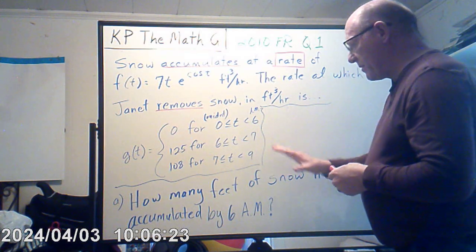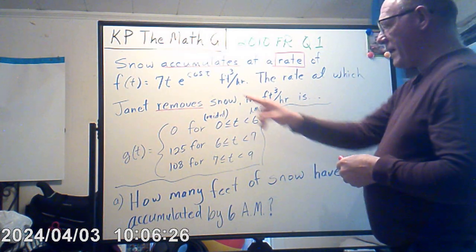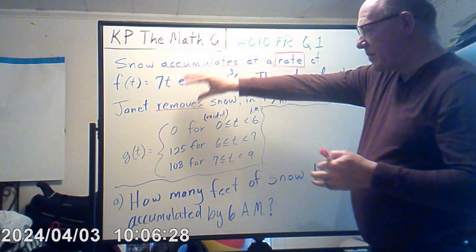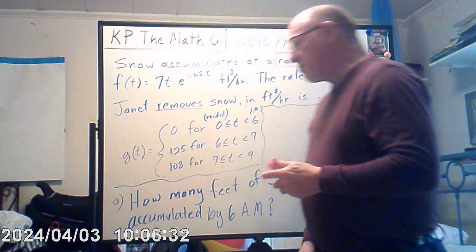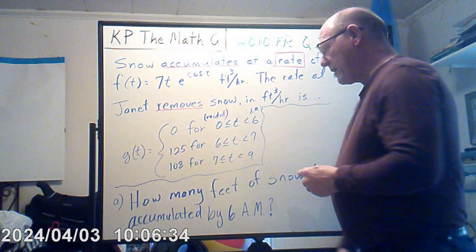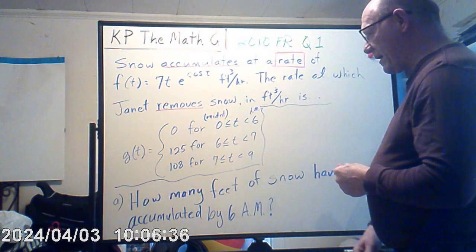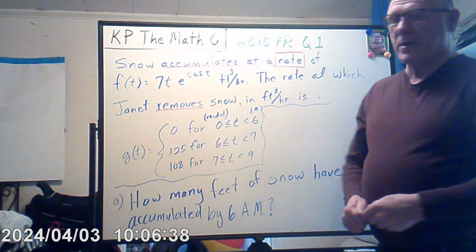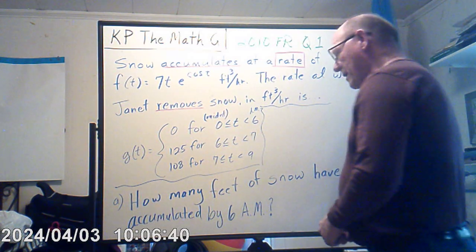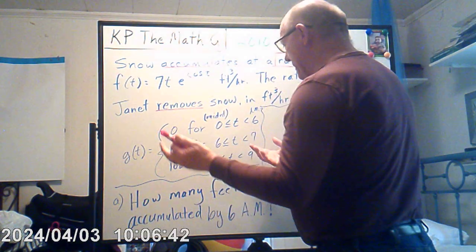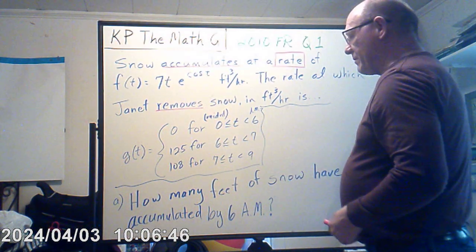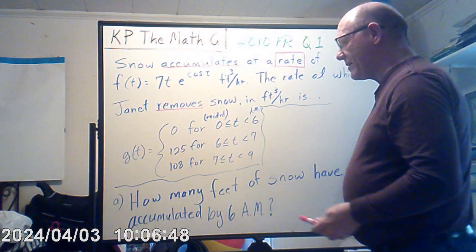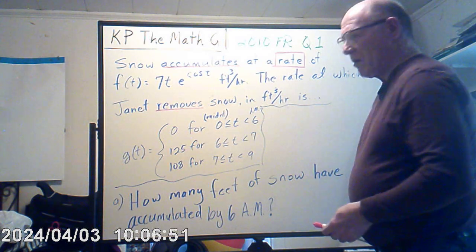And she removes it according to, instead of F of t, of course, this is the accumulation of snow as F. G is the removal of snow. And G of t is, of course, as we can see, a piecewise function. It is 0. Of course, she did not start moving around and going outside until 6 a.m.